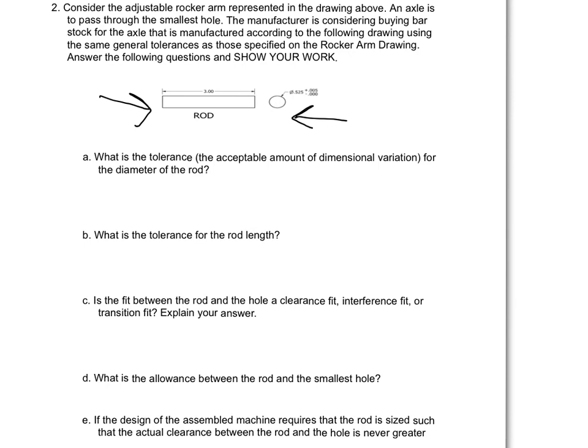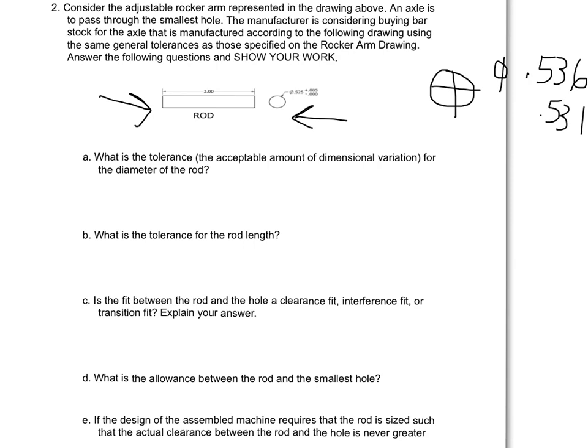Let me draw in here what that hole on the adjustable rocker arm looks like. It's a hole, so it has a center mark, and it has limit dimensions. It says that the diameter is from 0.536 to 0.531. So that's the hole that this rod is going to go through.